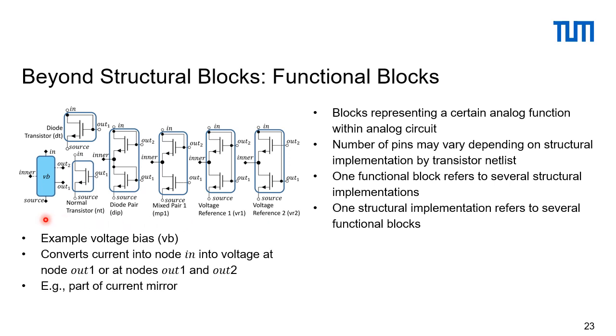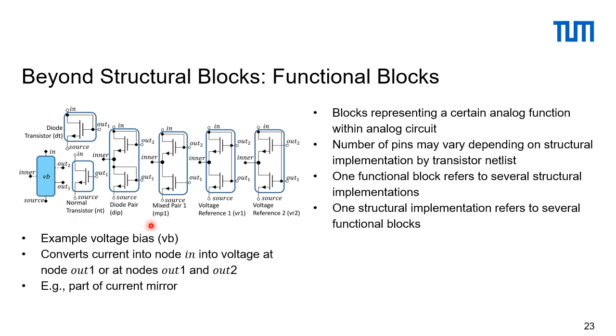The interesting thing here is, depending on the implementation, this functional block may have a varying number of pins, right? There may be an inner pin, there may be a second output pin. It depends on the implementation that's given here. And it's getting more difficult now compared to the structural blocks before, because as we can see here, this is the design freedom that we have for one functional block.